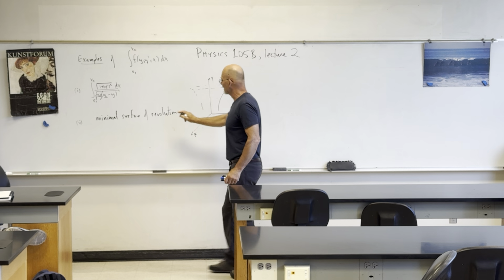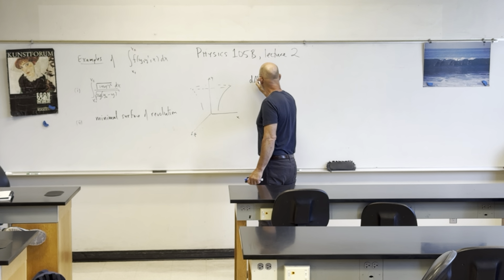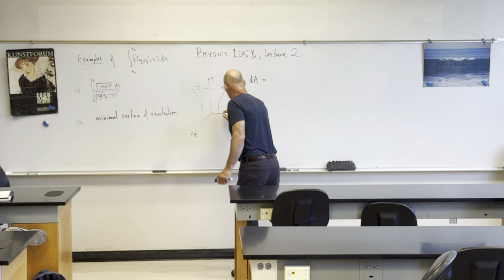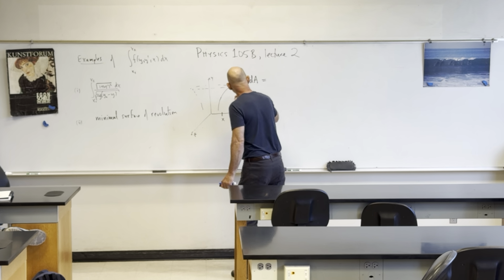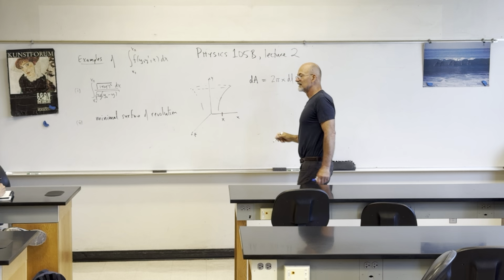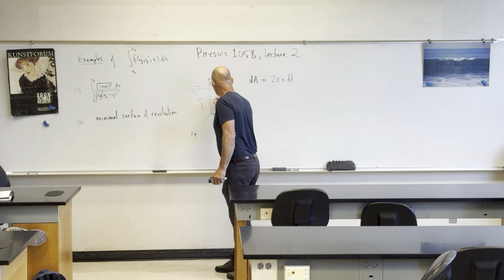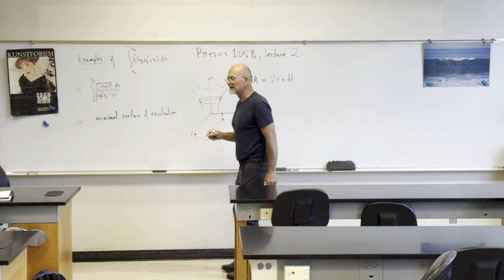So how do we get the surface element area of this funnel that I've just constructed? Surface area of revolution. So what we would say is d area would be, I'll just take some point x here, and I've got some little dl, so it would be 2 pi x dl. Because that little dl here would go around here for a little bit of surface element.